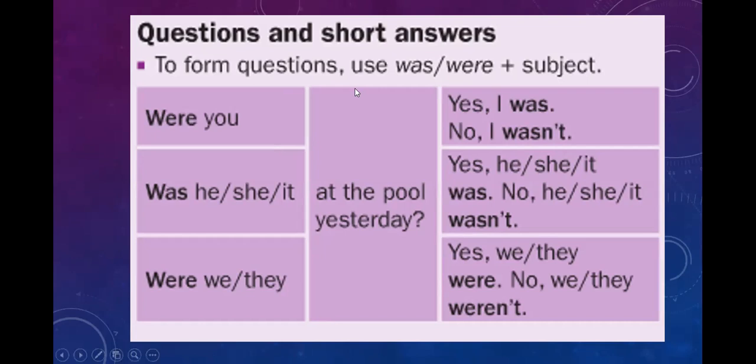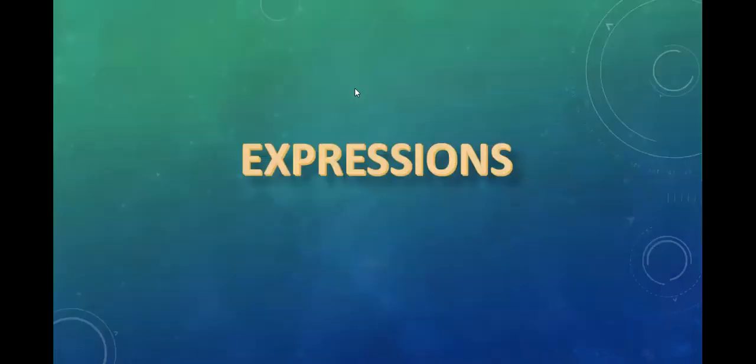Now, the expressions that we have in simple past with was and were. Okay, we talk about things that happened and were completed before this moment. Okay, so we're going to talk about days previous to today. Okay, days that are gone by. For example, on Saturday, we're not talking about next weekend.